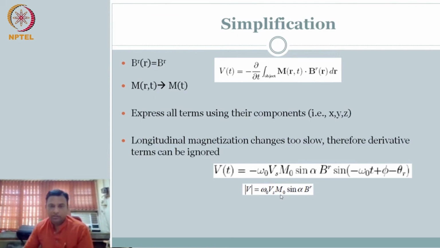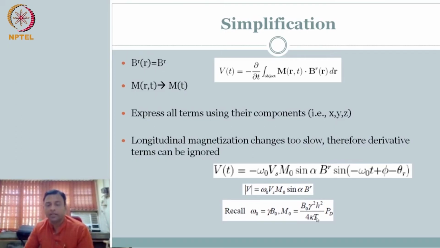So we can already recall omega naught is gamma B naught, and M naught is this quantity B naught, gamma square, h square. Remember we talked about this. And then you had the proton density. Again, it is coming here also. More the proton density. So you can see the signal that you are recording is proportional to square of your B naught and proton density.